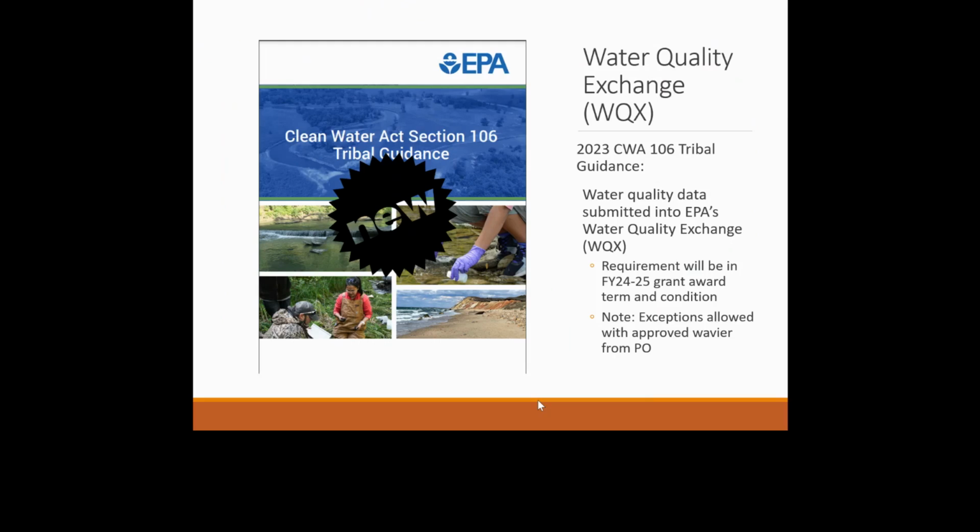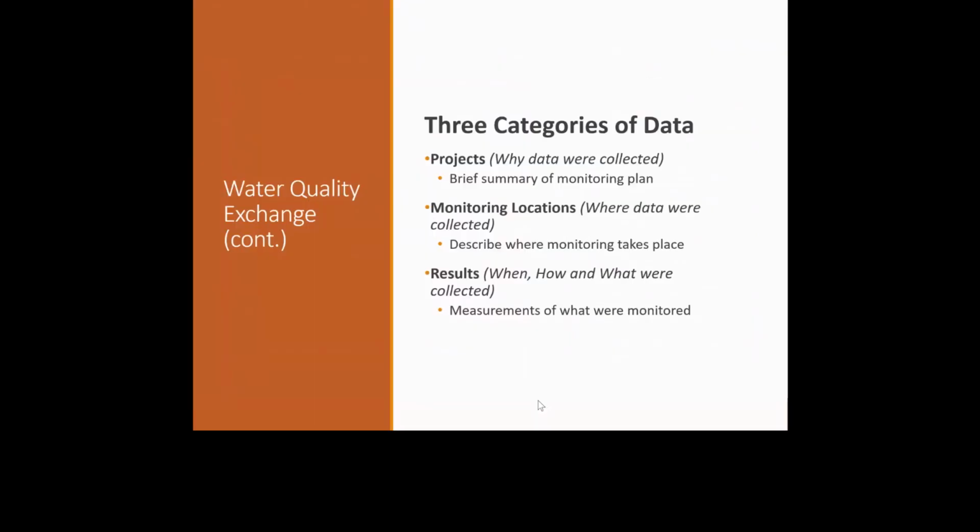When you're submitting data into WQX, there's 3 main categories of data that you're submitting. So there's the projects, which is a brief summary of what you were monitoring. In some cases, that might just be we're submitting data for our 106 program. Some programs may have different water quality monitoring goals or program goals.